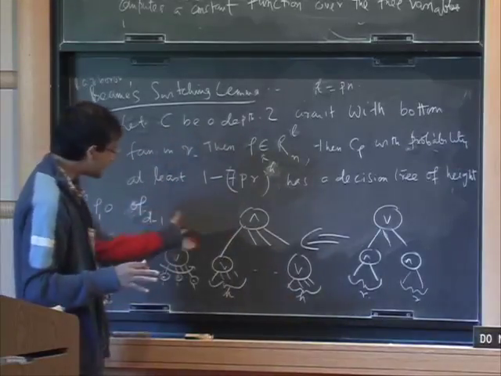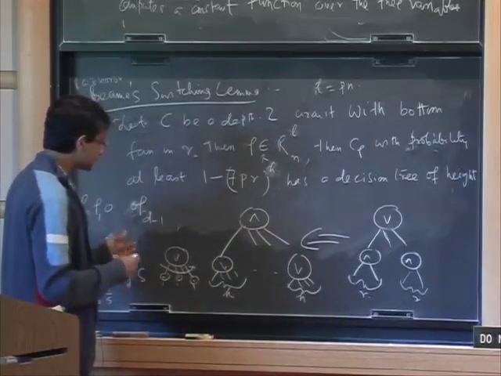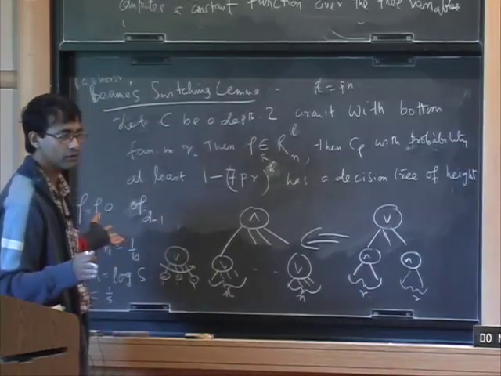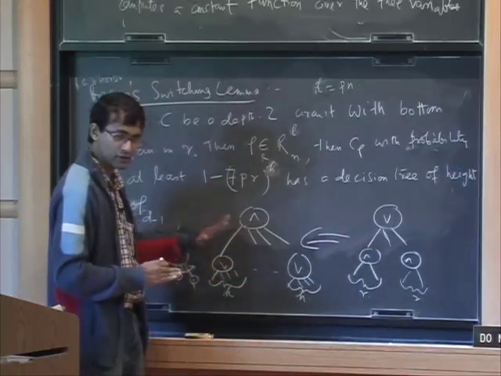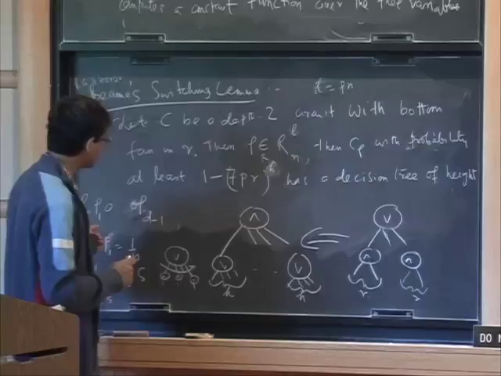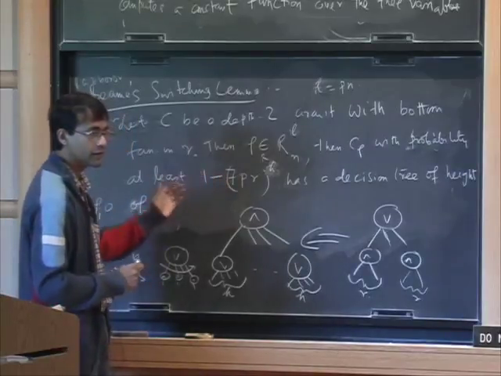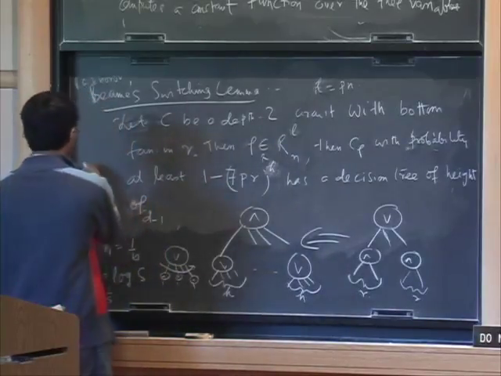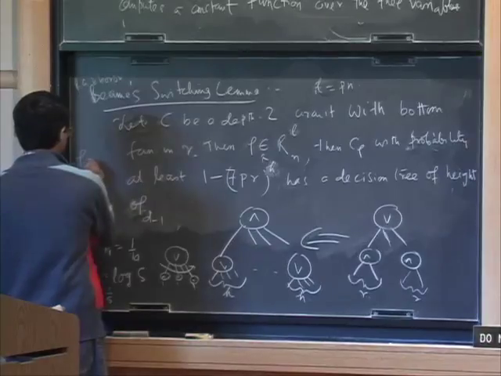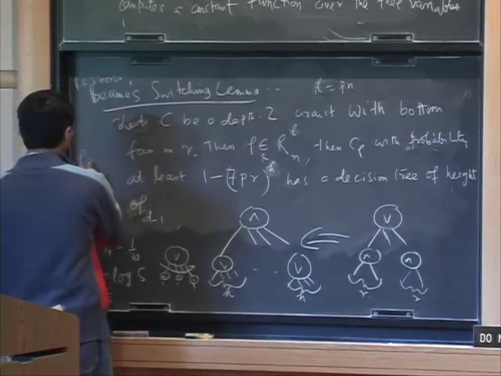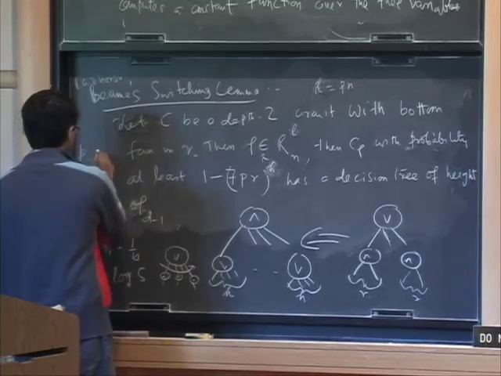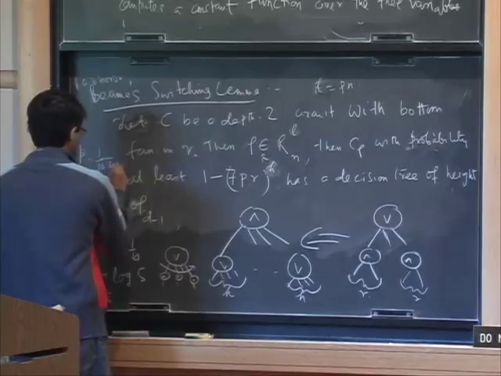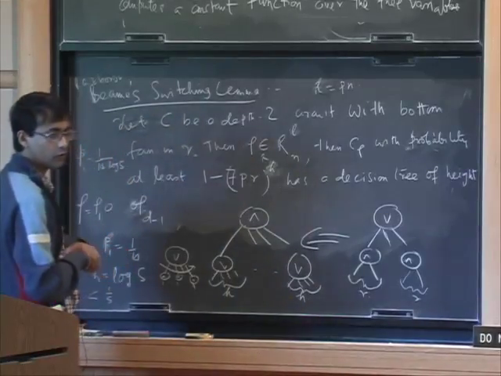And since we have just s many gates, there is a restriction that's going to work, right? So after the first restriction, we now have a decision tree of height log of s. And then for each of them we define P_i to be 1 over 14 log of s, for instance.